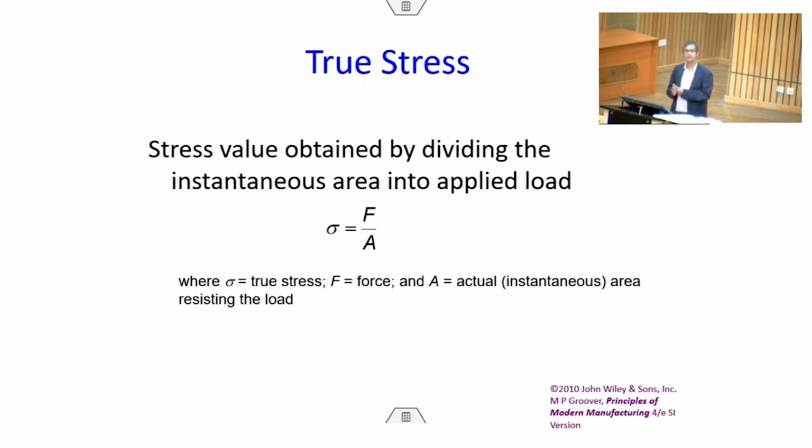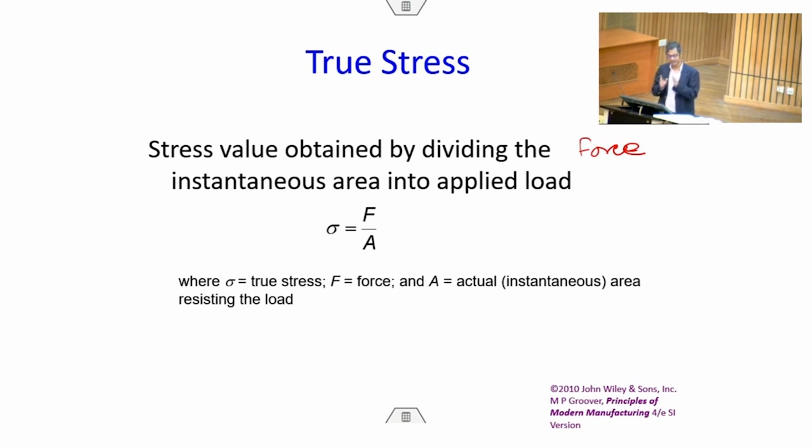And then you have something known as true stress. That was our engineering stress, engineering strain. Stress obtained by dividing the force by the instantaneous area is known as the true stress. So, sigma is equal to F by A. At any point of time in the testing, if you measure the area, that is the instantaneous area.